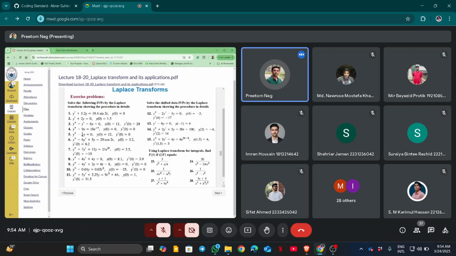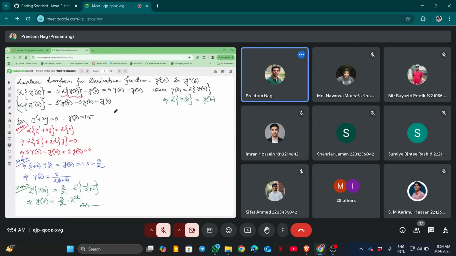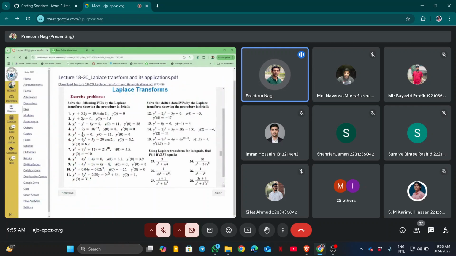With number 4. We solved number 2, now we are going to solve number 4. So in number 4, you are given y double prime plus 9y equals 10 e to the power minus t.